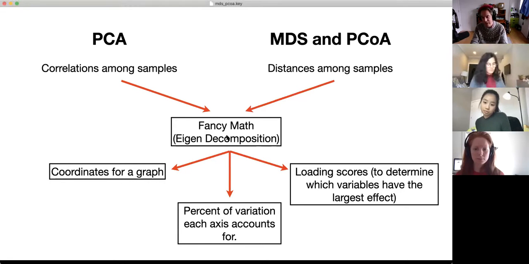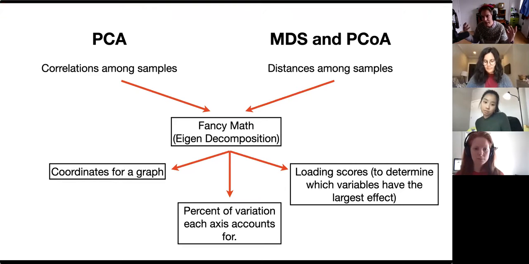But the fancy math is the same, and the output is also the same. We get coordinates for a graph, we get the percent of variation each axis accounts for, and that gives us our scree plot, so we can say, hey, it makes sense to reduce this down to 2 dimensions, or maybe it doesn't. And it also gives us loading scores, so we can determine which variables have the largest effect.